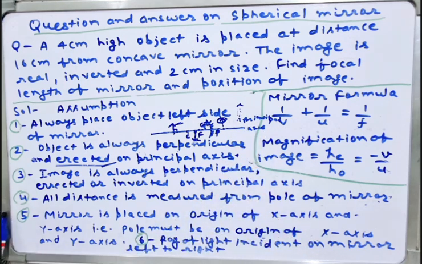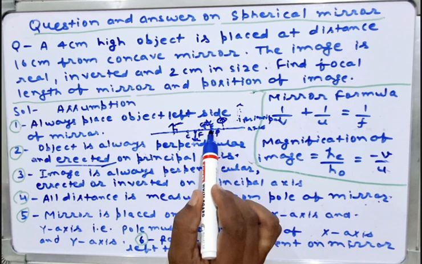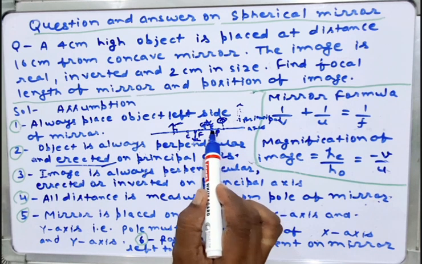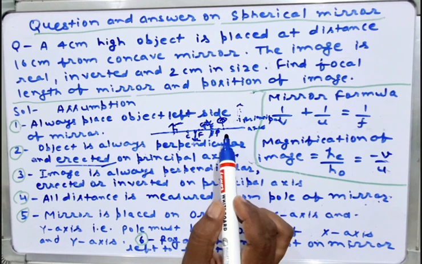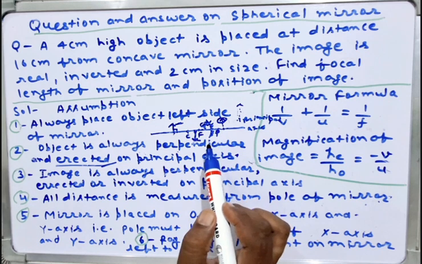The fourth point: all distances are measured from the pole of the mirror. What does this mean? See here, this one is the pole.